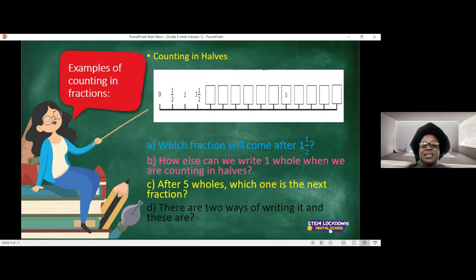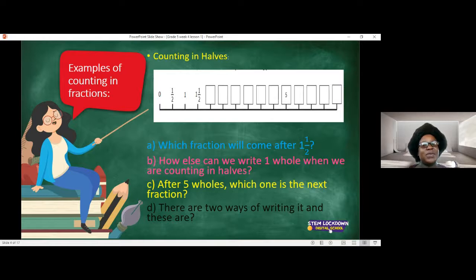And then question B says, how else can we write 1 whole when we are counting in halves? If we check here, we have 0, and then we have half, and then we have 1 whole. How else can we write 1 whole?